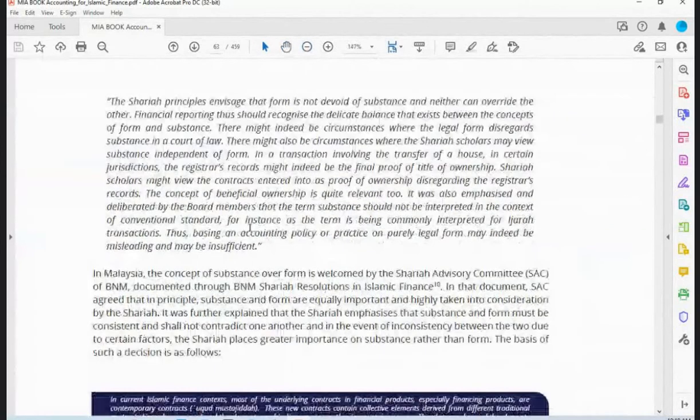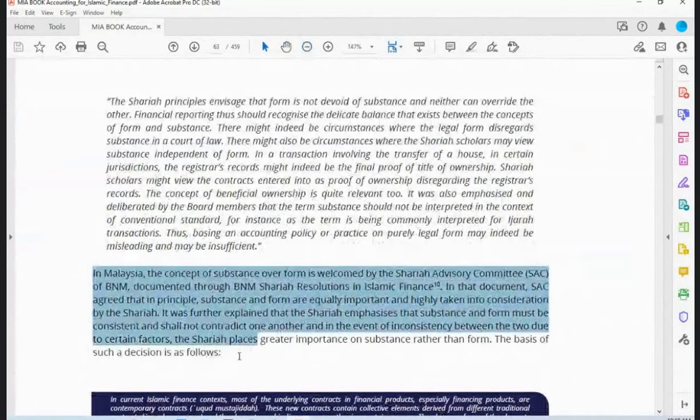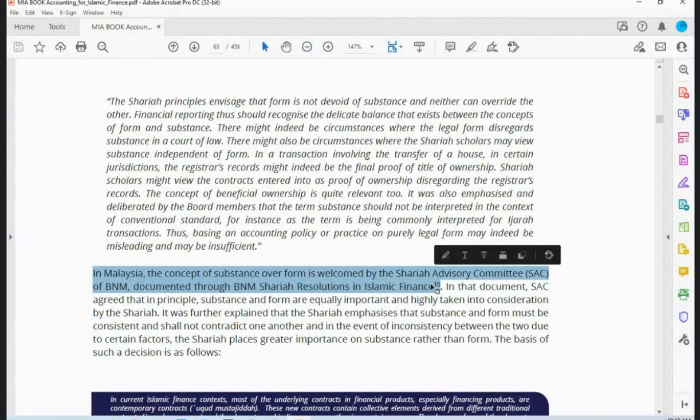Okay. The concept of substance over form is welcome by the Sharia Advisory Committee. Maksudnya kita akan rekodkannya sebagai leasing, sebagai financing. Okay. So in this document, Sharia Advisory Council agreed that substance over form are equally important and highly taken into consideration.